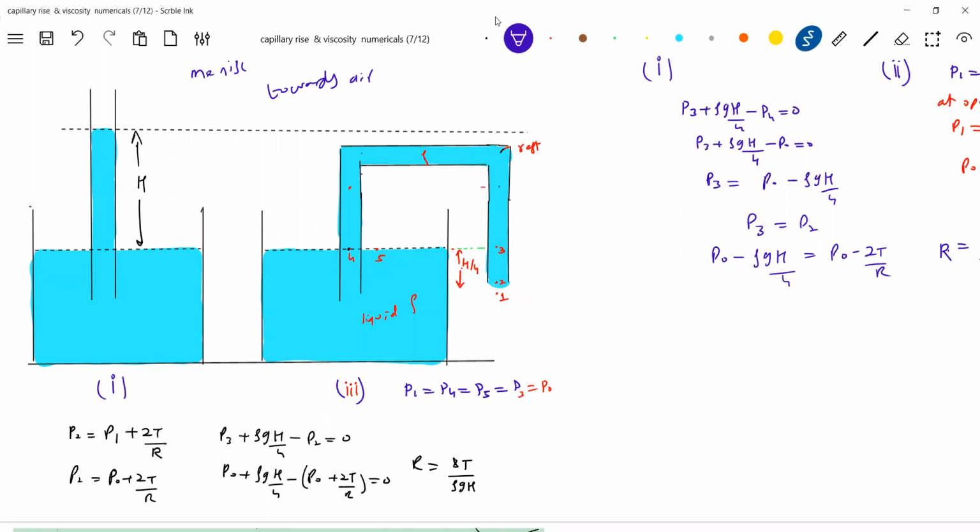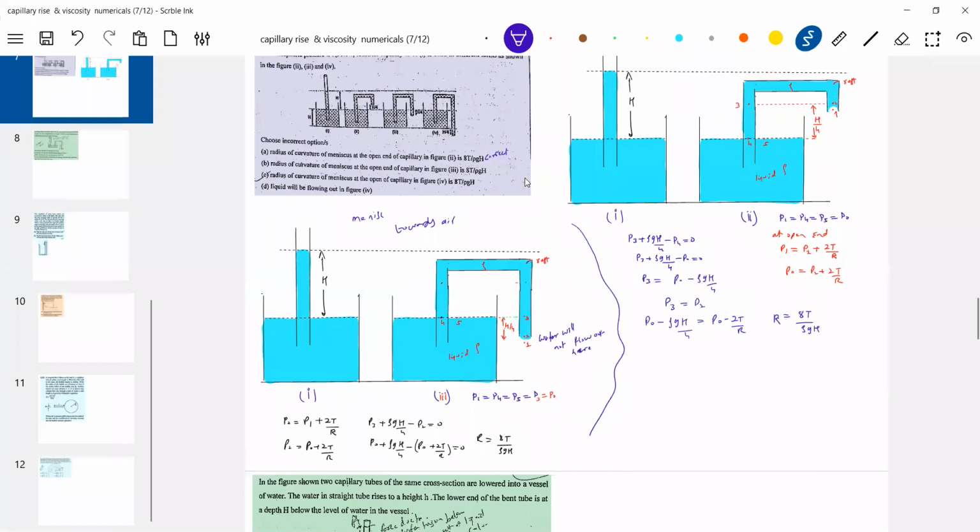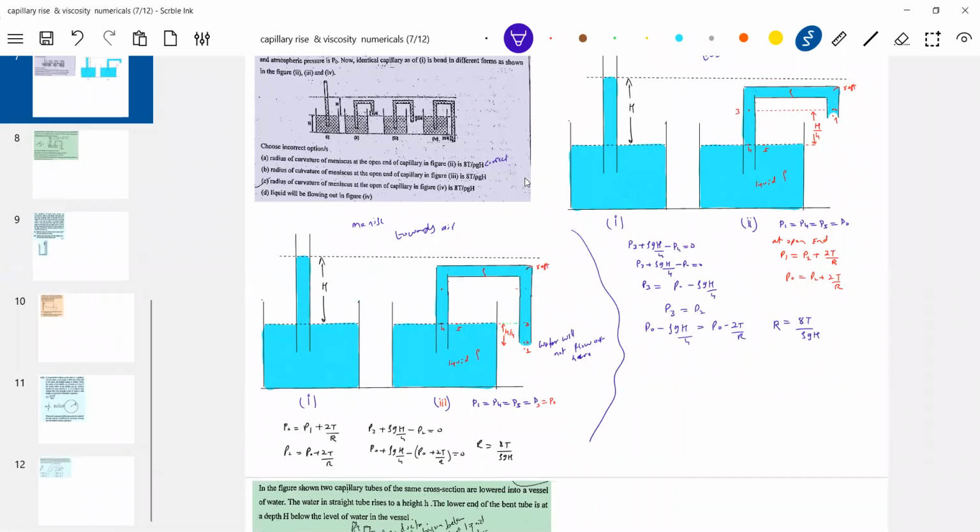I think I should write this comment. Water will not flow out here. Fine. Radius of curvature of meniscus at the open end of the capillary in figure 4 is.